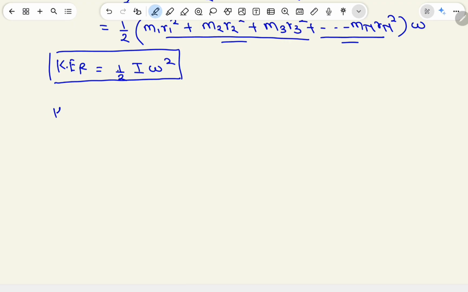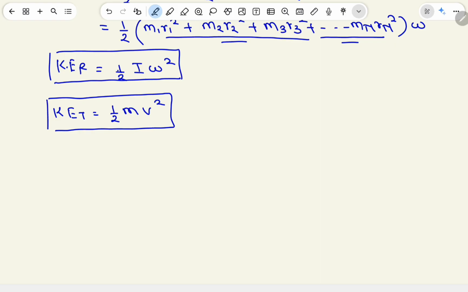Let's compare it with translational kinetic energy. Translational kinetic energy is half mv square. From these two formulas, we get another analogous quantity which compares linear motion and rotational motion. We know that when we go from linear motion to rotational motion, we replace s by theta, we replace v by omega, and we replace the acceleration by alpha.